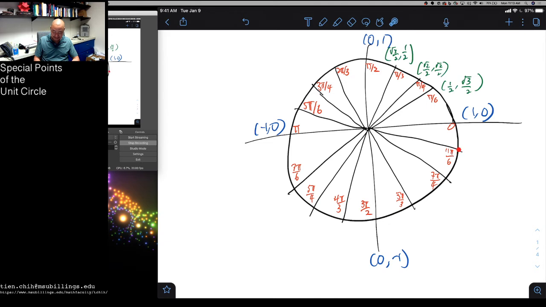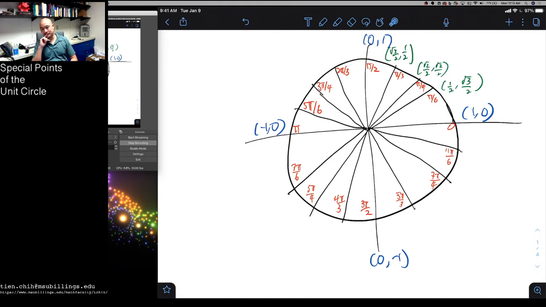If I add by 6s, I go 0, pi over 6, 2 pi over 6, which is pi over 3, 3 pi over 6, which is pi over 2, and then 2 pi over 3, 5 pi over 6, etc.